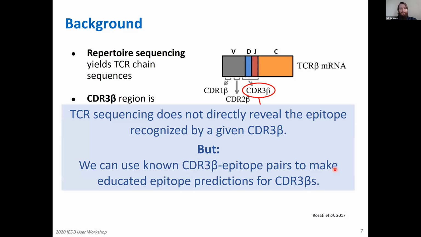On the other hand, we do have a lot of data about CDR3 beta sequences and epitopes, and it's all in the IEDB, and we can use that data to make educated epitope predictions for CDR3 beta sequences.